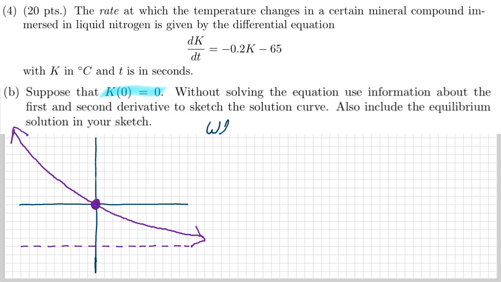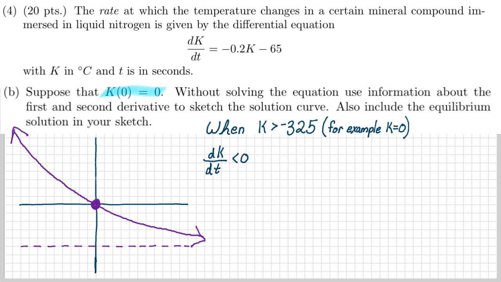All right. So when k is greater than negative 325, a good example of a value that is greater than negative 325 is 0. What is the derivative of k with respect to t, then? It's negative.